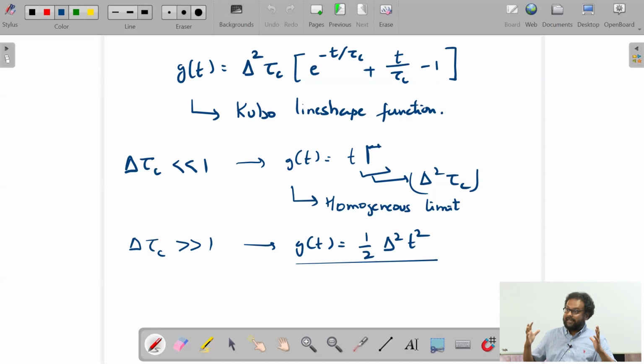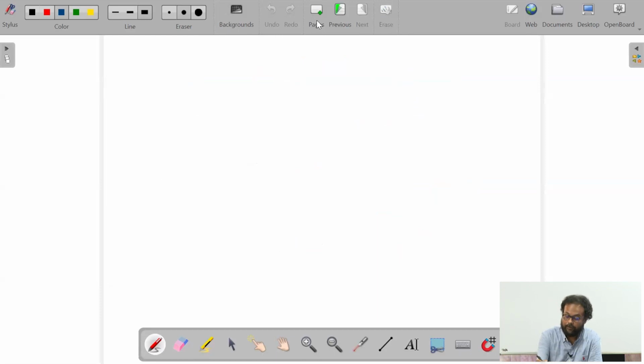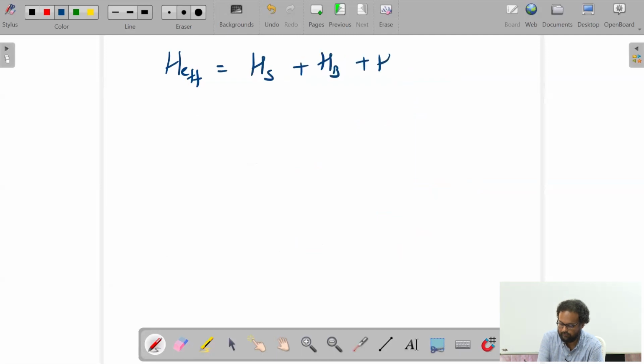The answer is yes. Again, it's a pretty extensive, non-trivial derivation. Kubo did it. So I'm not going to do that right now, but I'm going to give you the framework over which this can be done. So just to get a picture, remember the way you're writing down the fluctuation is considering system bath interaction. So your effective system Hamiltonian is no longer what is called H naught, but you have your system plus some bath plus a system bath interaction, right?